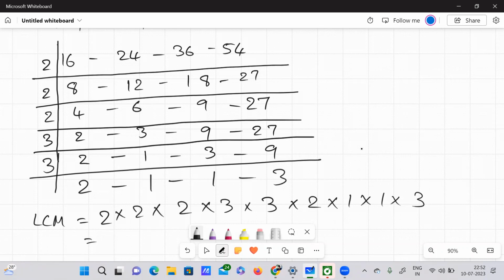How did I write all these things here? 2 2 2 3 3 2 1 1 3. I have just multiplied everything, and now what I have got is 432. This is the answer. That is the LCM for these four numbers, that is 16, 24, 36, 54.